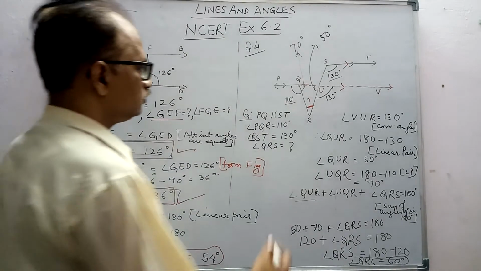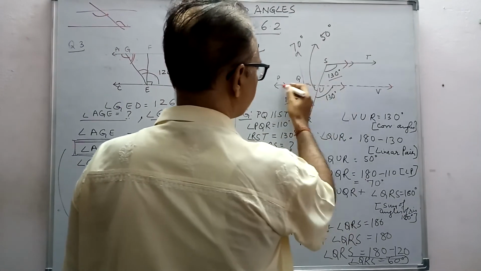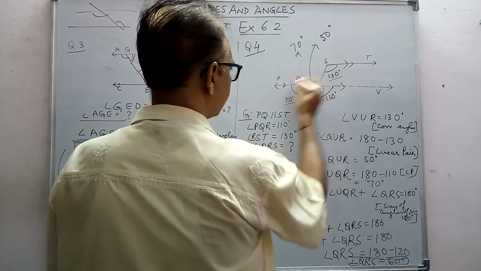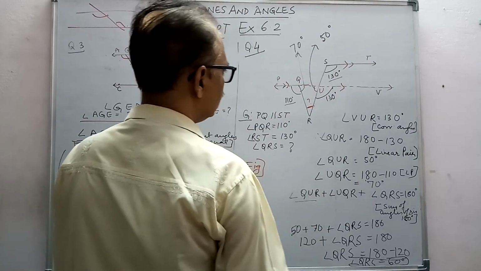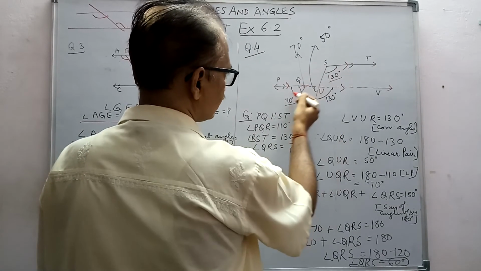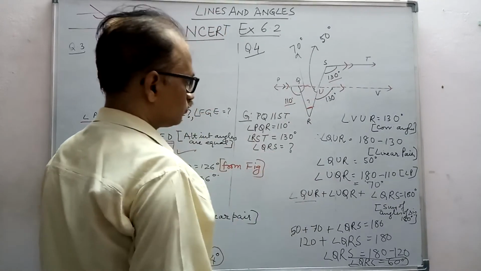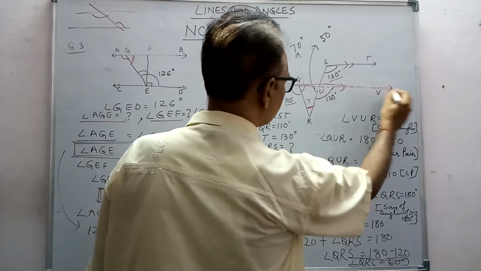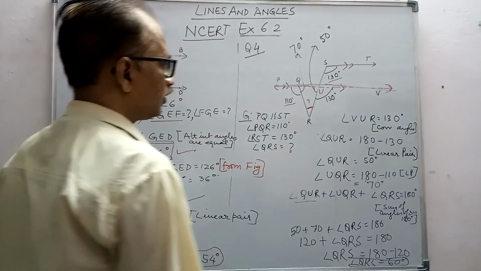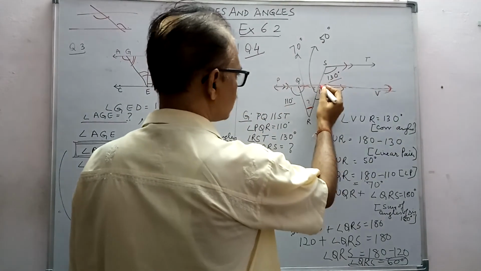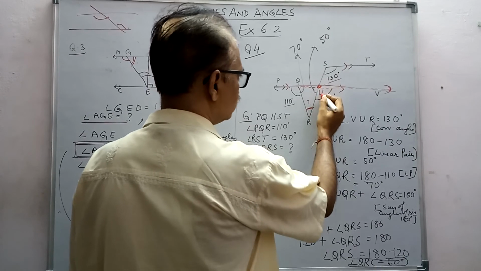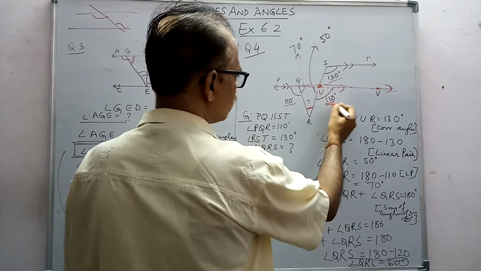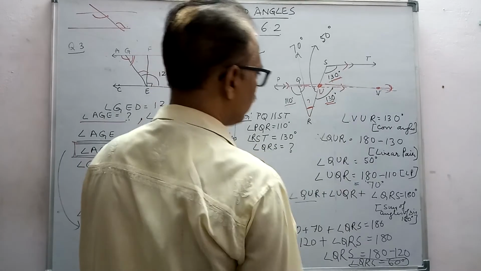Again, here you are being given that this line and this line both are parallel. Only this and this are parallel. And this angle is given as 130, this angle is given as 110. So what we do, we extend PQ forward, and where it intersects, that is point U, and this is V. This angle is 130, so this is also 130 because these are corresponding angles.